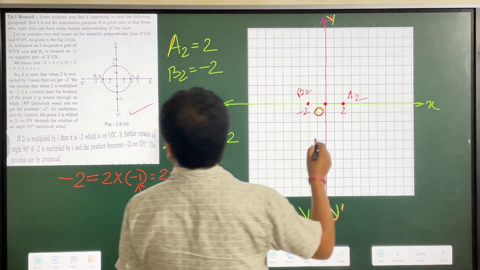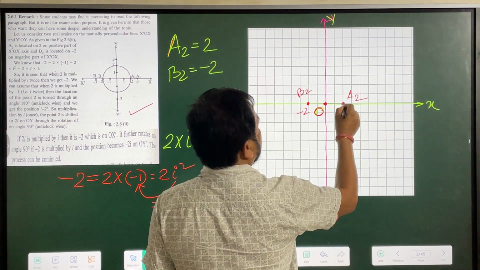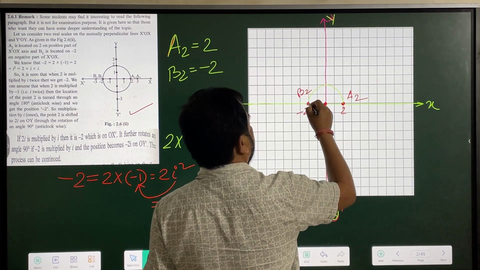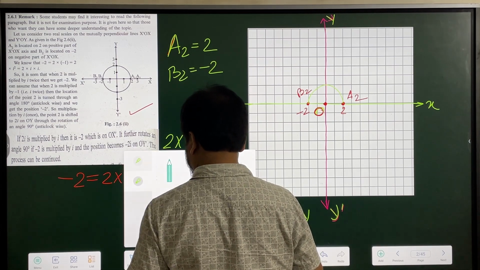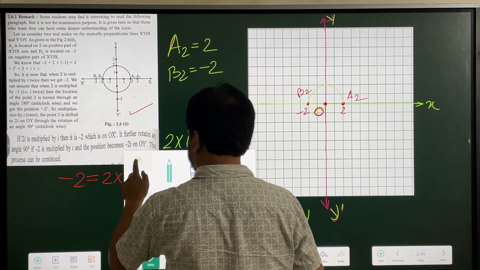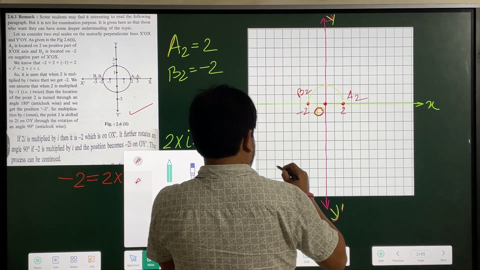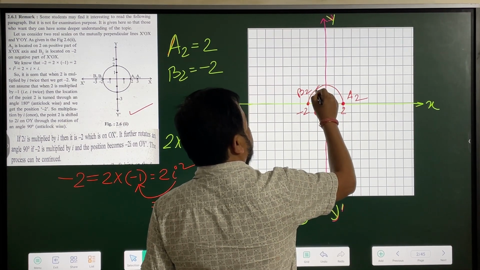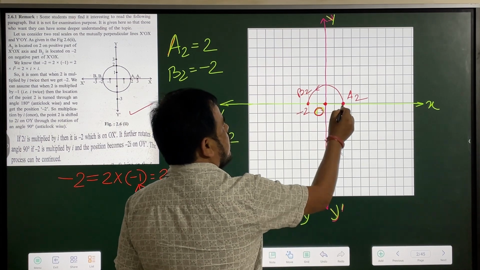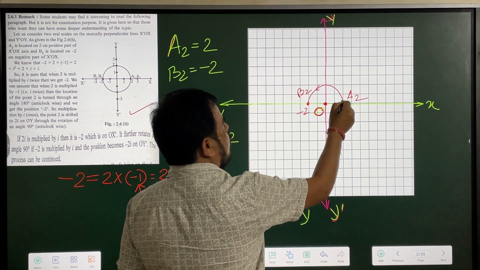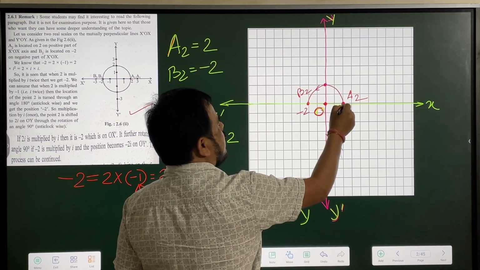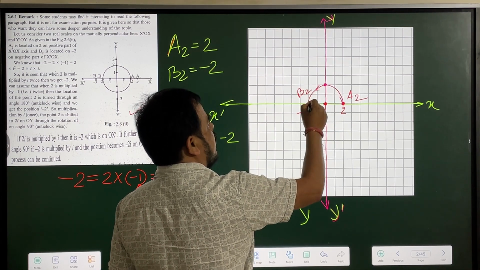Anti-clockwise. So from here it is moved to here. Starting here, it is moved to here. Remember that.